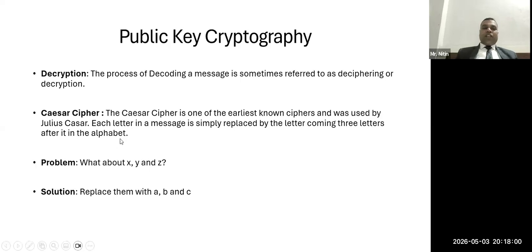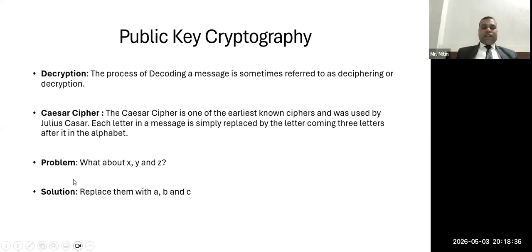So what does Julius suggest? Whenever we are going to encode, each letter will get replaced by the letter which comes three letters after it. This person suggested that each letter in the message is simply replaced by the letter coming three letters after it in the alphabet. So this is called the Caesar cipher.